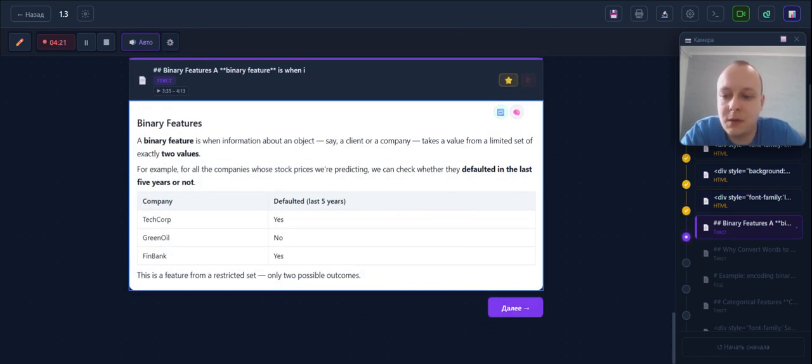Basically, it's one of the classical cases when we use yes or no answers. For example, for all the companies whose stock prices we're predicting, we can check whether they defaulted in the last 5 years or not.